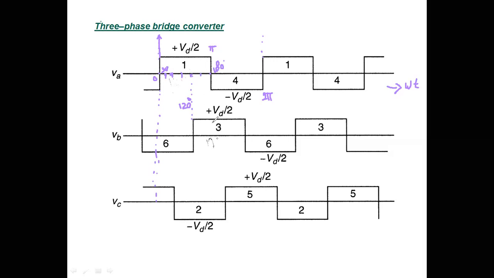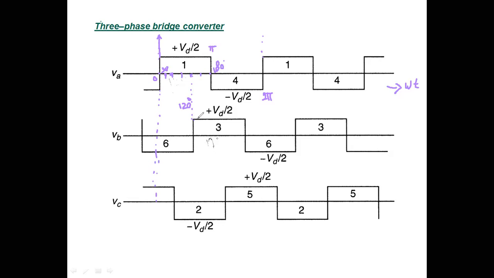So 3 will come into the picture 120 degrees after 1. Remember, that means the phase angle difference between A, B, C is 120 degrees. So even if you consider the turn-off devices 1, 3, 5 in the upper legs of all 3 legs, 3 comes to conduction only after 120 degrees of 1.